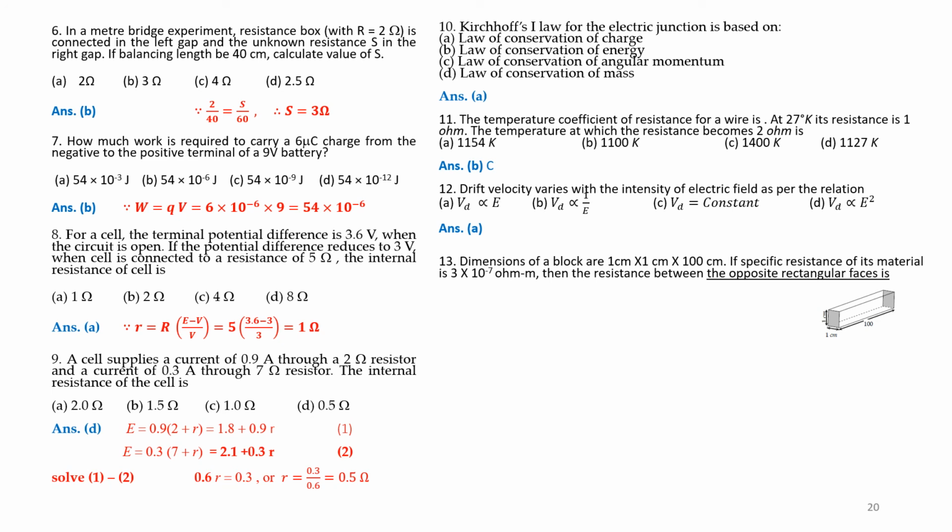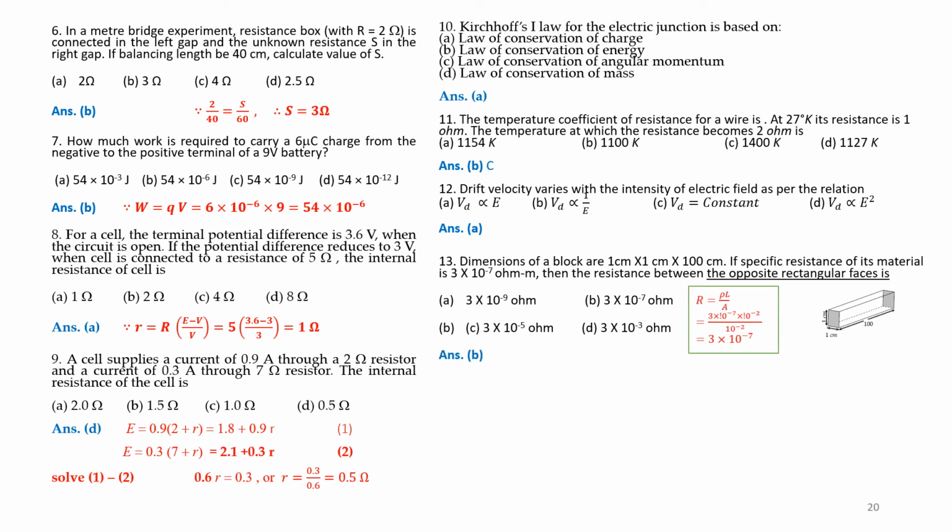It is measured between the rectangular faces which are 100 centimeters long. Hence we have to substitute properly in the formula and calculate. Four options are given. A, 3 into 10 to the power of minus 9. B, 3 into 10 to the power of minus 7. C, 3 into 10 to the power of minus 5. And D, 3 into 10 to the power of minus 3. The correct answer is B. Please do the calculations.